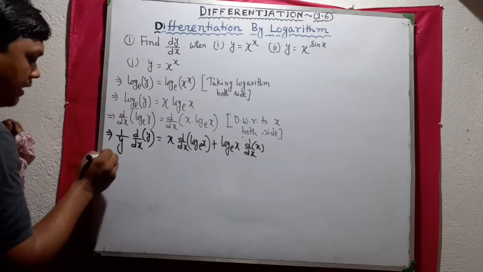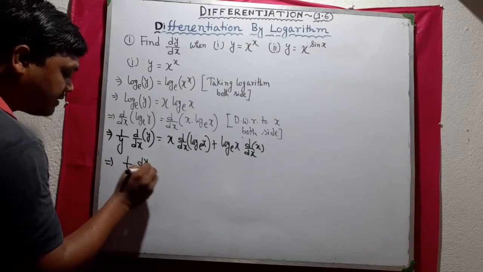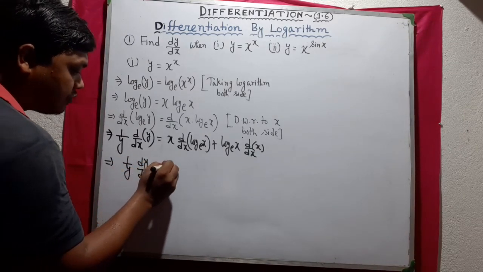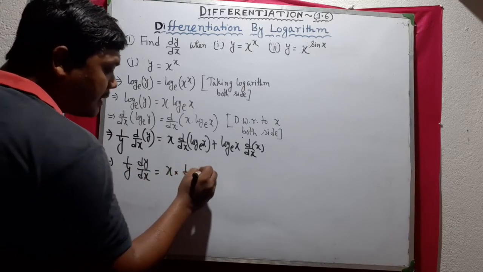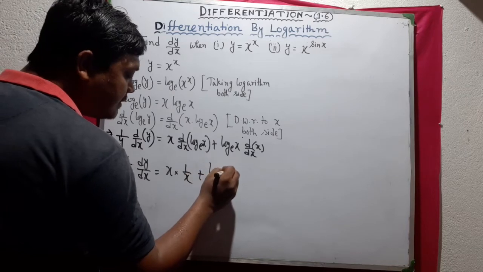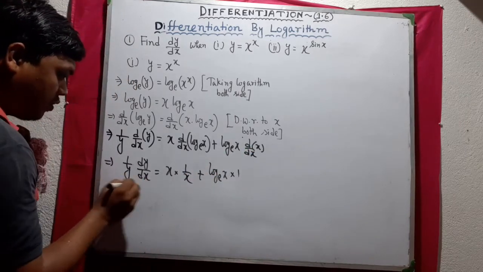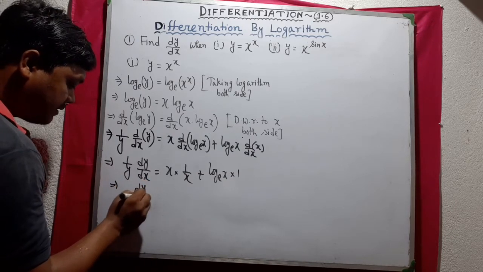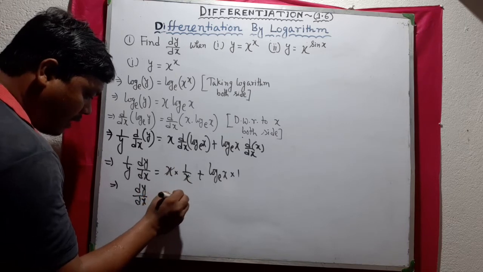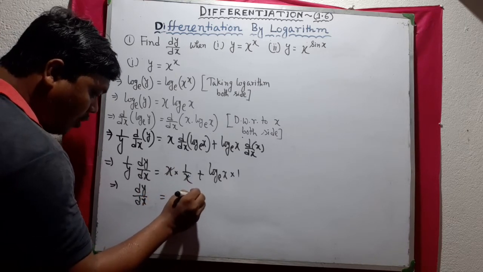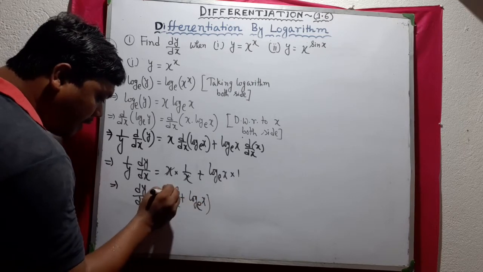Okay, so 1 by y dy dx equals x times the derivative of log x, which is 1 by x, plus log x base e times d/dx of x, that is 1. So in dy dx, the x cancels, giving 1 plus log x base e, into y.